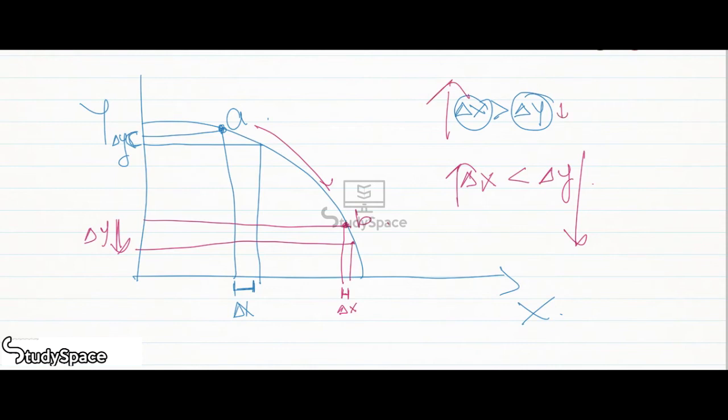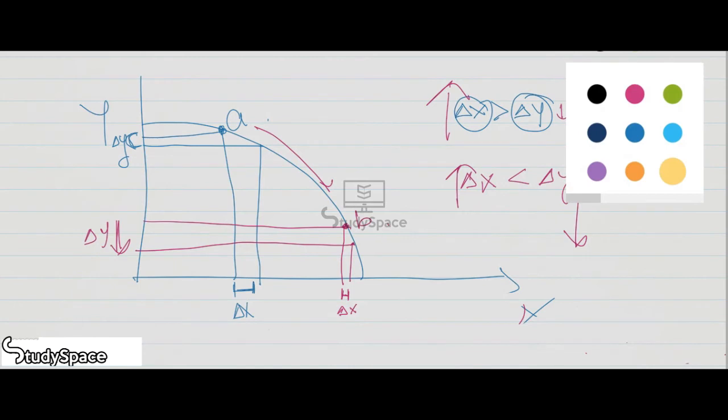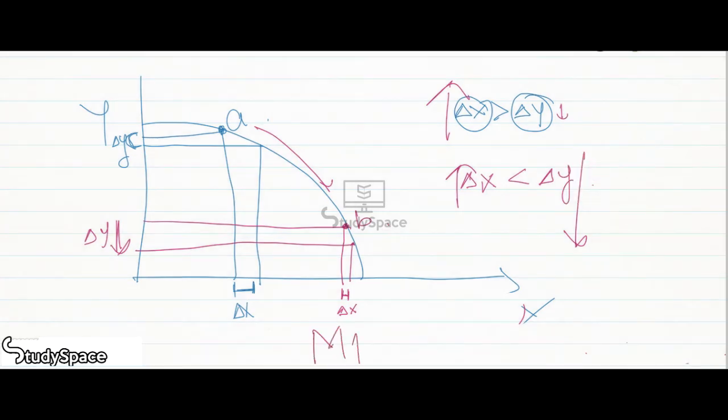So this concavity basically tells you about the marginal rate of transformation, or as we abbreviate it, MRT. Let me just write it, MRT.